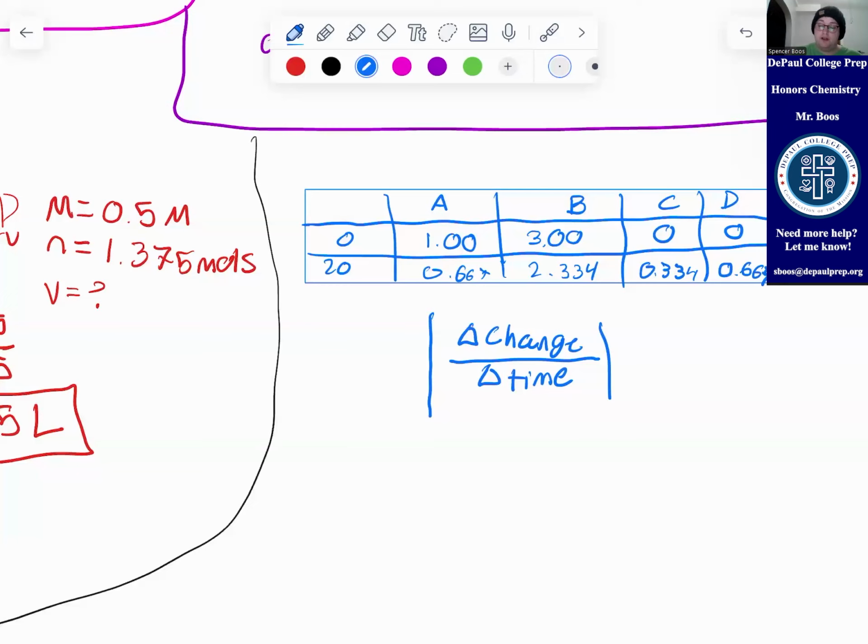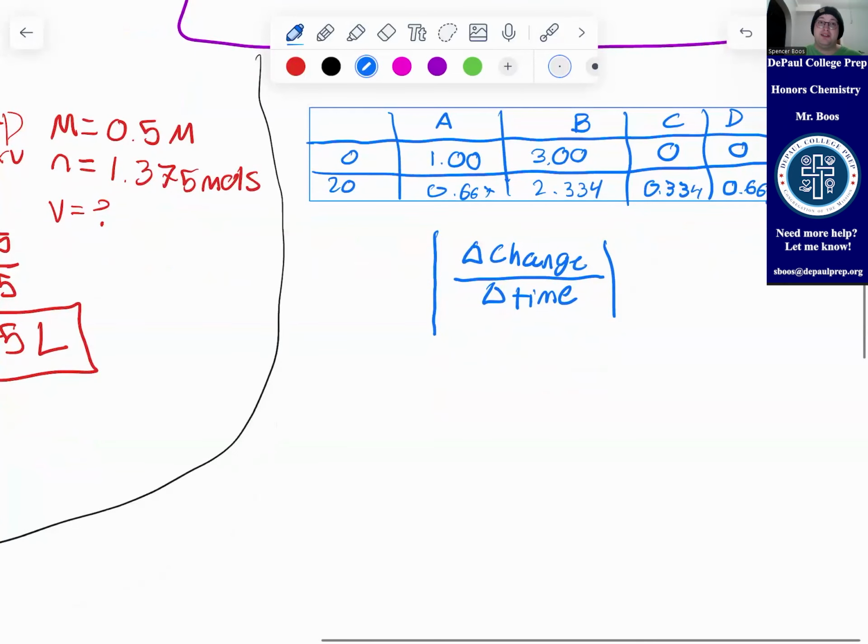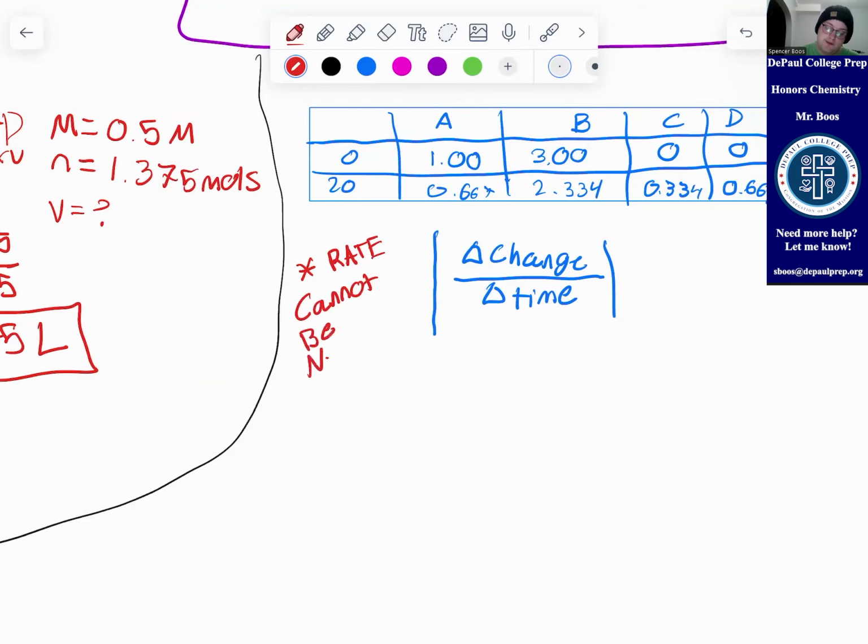The reason being, and we'll put this as a star, rate cannot be negative, ever. Think of it like speed. When you go forward, you're in a positive speed, but if you reverse, the speed is still positive, it's just in a different direction.